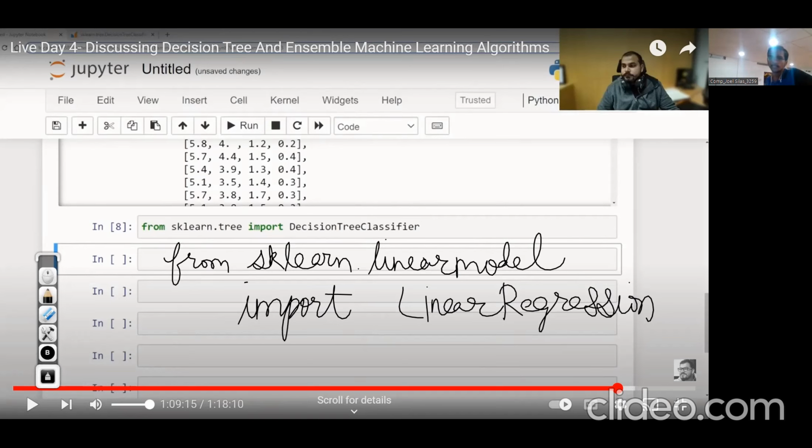We used to import for linear regression problem statements in this way. So for decision trees, what we need to do is from sklearn.tree, instead of linear model, no longer linearity, we are using a tree type of data structure, import DecisionTreeClassifier.